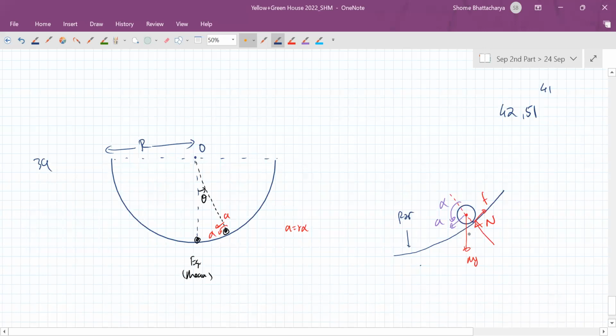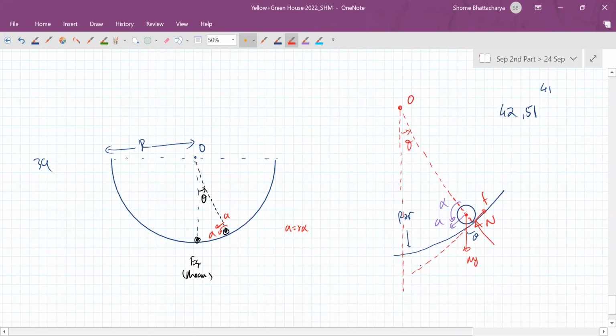Now, while it is rolling, this angle is theta, suppose. That is the angle that the tangent to the surface makes with the horizontal. So that will be the same as this angle theta.